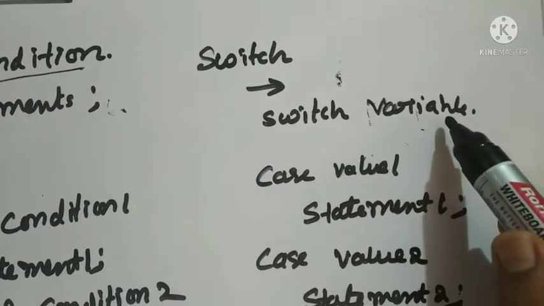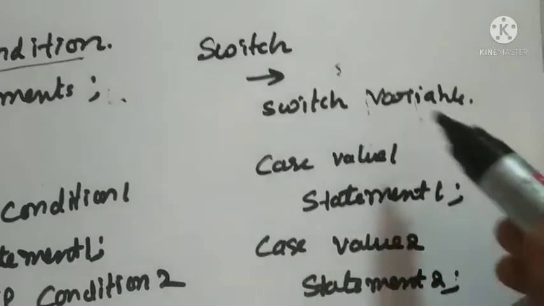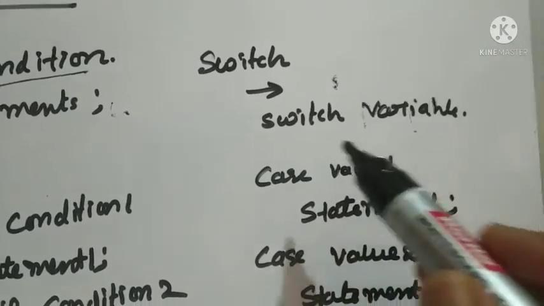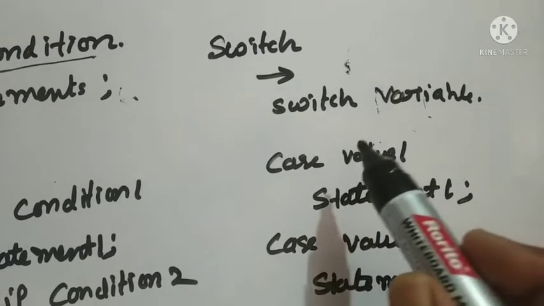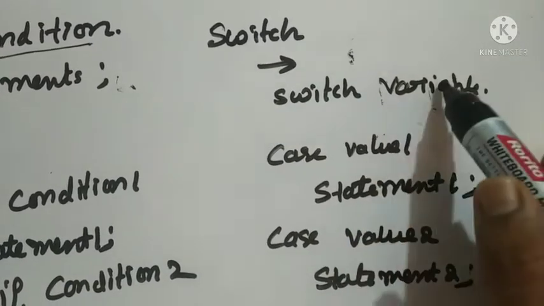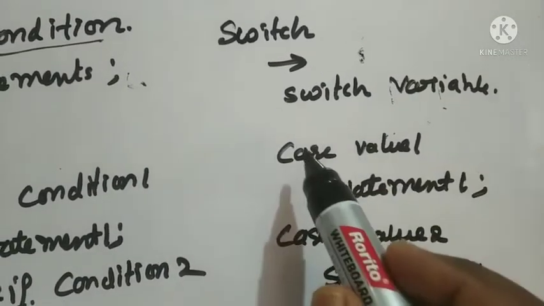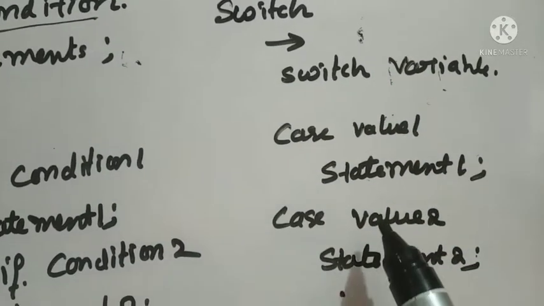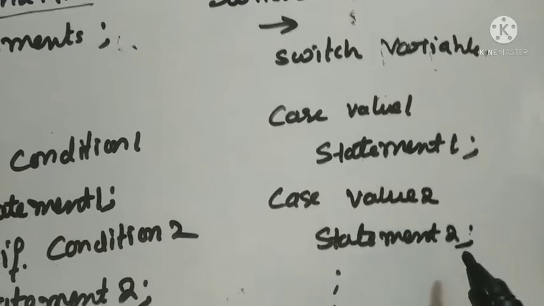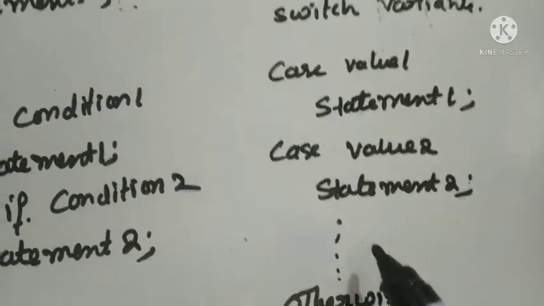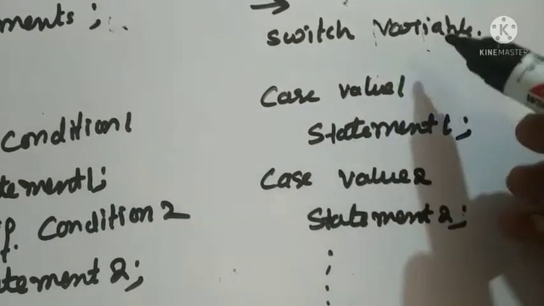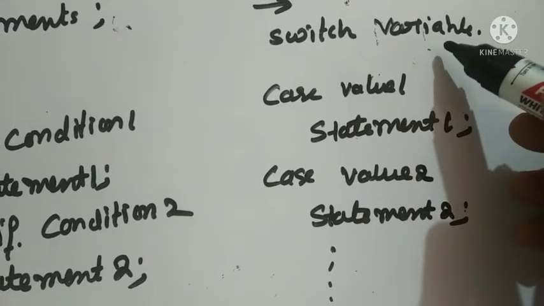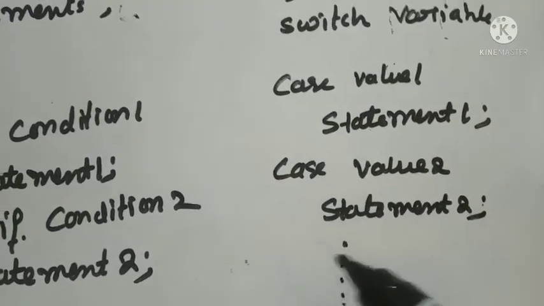The variable you use may be any variable. If the value of the variable is value 1, then the first statement will be executed. If the value is value 2, then the second statement, like that. All the statements related to this variable will execute as per the case.